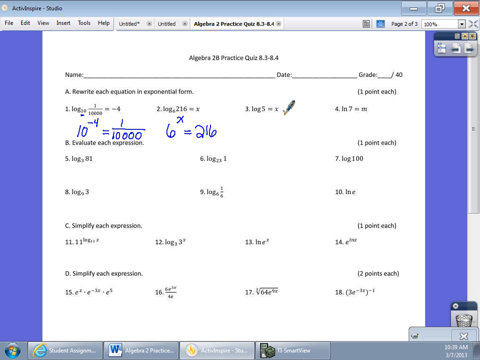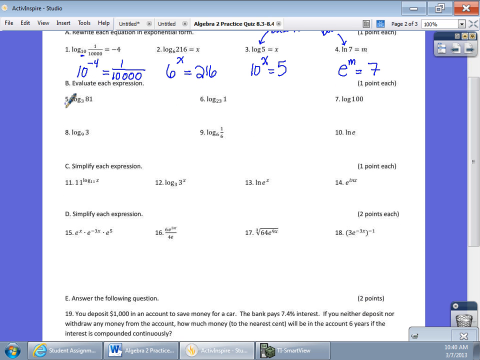Log of 5 is equal to x. Now I don't see a base written here. So if you don't see a base written, remember that is base 10. So 10 is your base, x is the exponent, and 5 is the answer. And then over here, natural log has base e. And so this is e raised to the m is equal to 7. You're going to need to be able to do those.